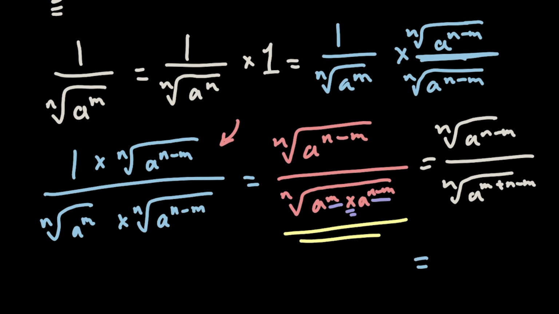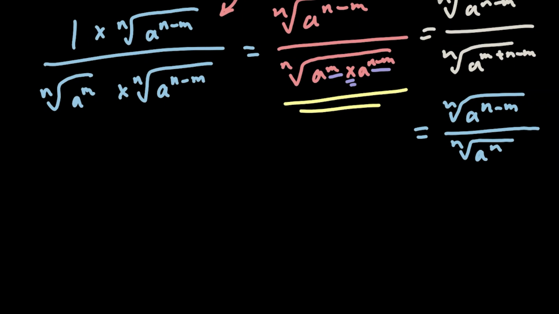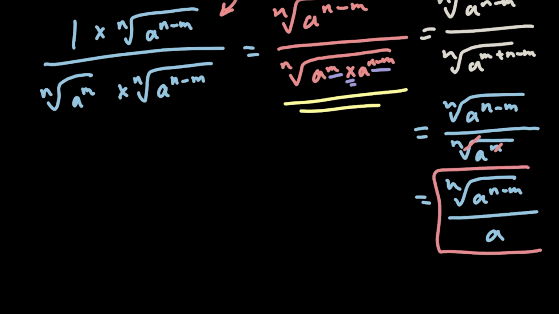So the final answer would be the nth root of a to the power n minus m over the nth root of a to the power n. So we can just simplify this expression more. So we will have the nth root of a to the power n minus m over a, because this n and the root will just be removed. So we'll get this as a final result.